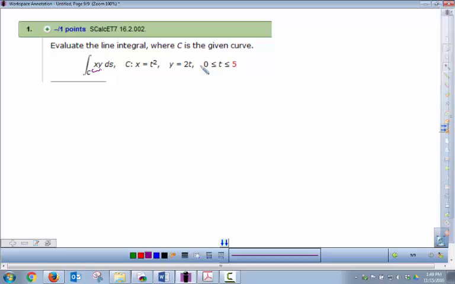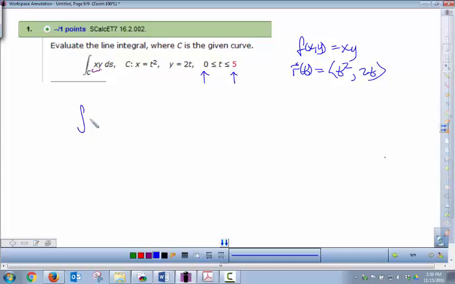Anyways, if we want to break this up into the little pieces, you don't have to do this, but I'll put it in our notes: f of x, y, your r of t is equal to t squared comma 2t, and then this is your a and your b.